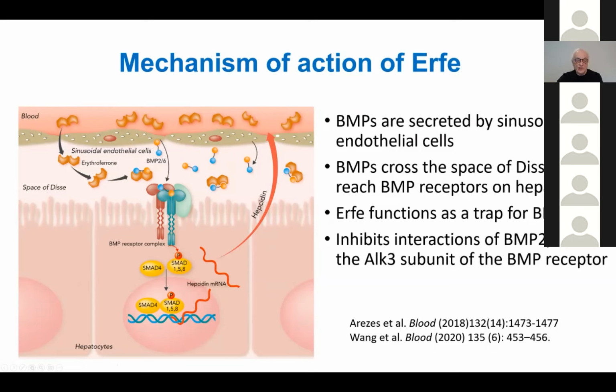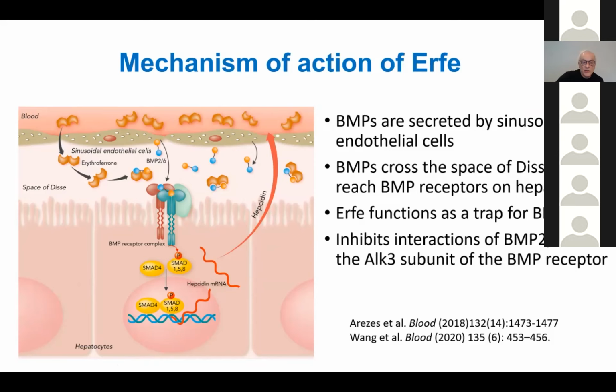So if you look at the signaling that controls hepcidin, sinusoidal endothelial cells somehow sense iron or respond to another cell type that senses iron, and proportionately to the liver iron load they secrete bone morphogenetic proteins 2 and 6, probably as a heterodimer in part.